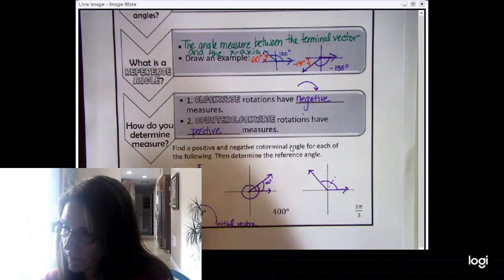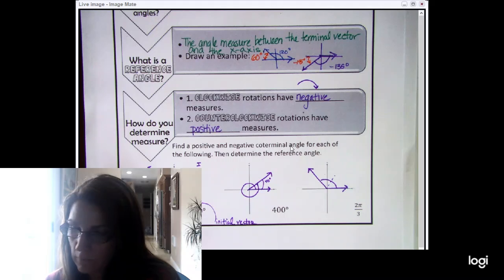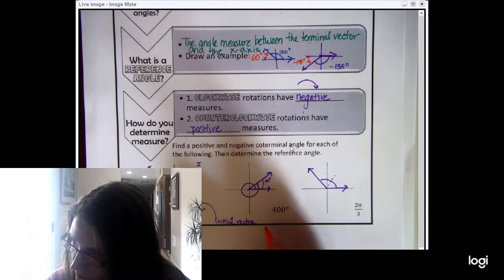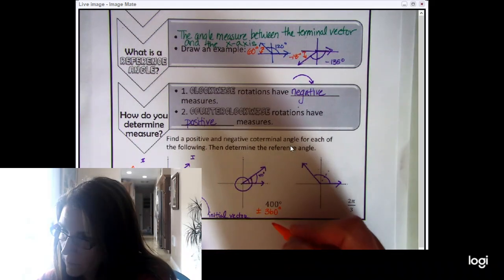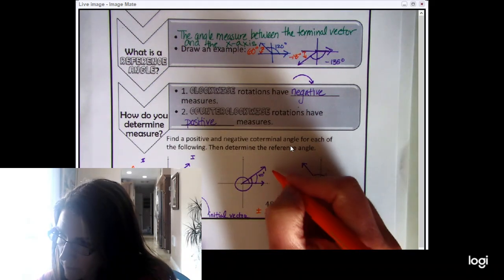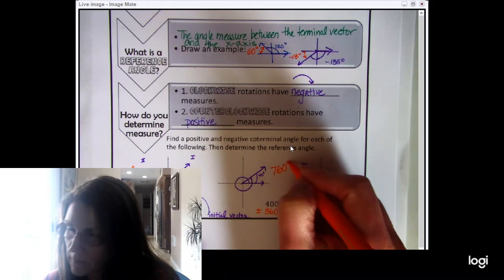Let's do it to this one. 400 degrees. Add 360, subtract 360. So in fact, I'll just put plus or minus 360 on that. So adding 360 would get me to 760 degrees.